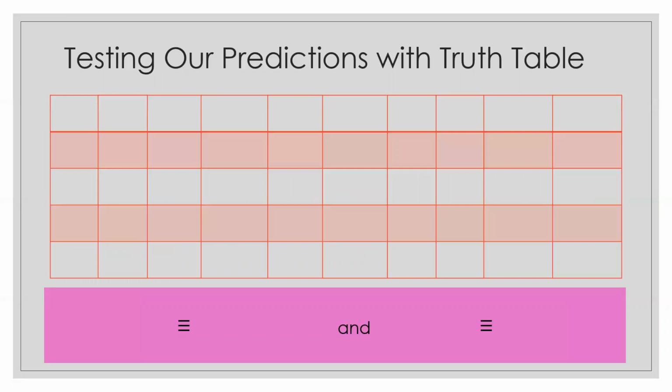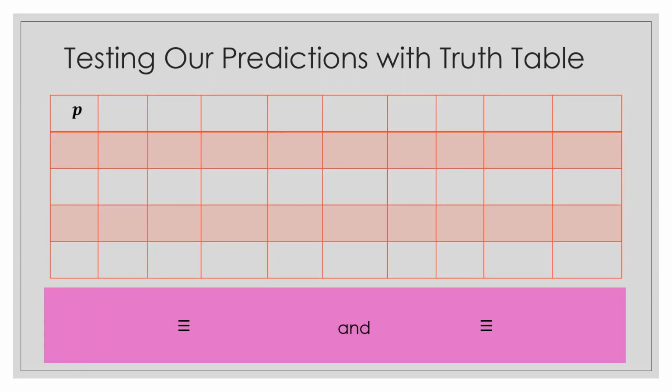All right, so let's test your predictions. How we're going to do that is by creating a truth table. As you know from the previous video, statements are equivalent when their truth values match for all possible combinations.